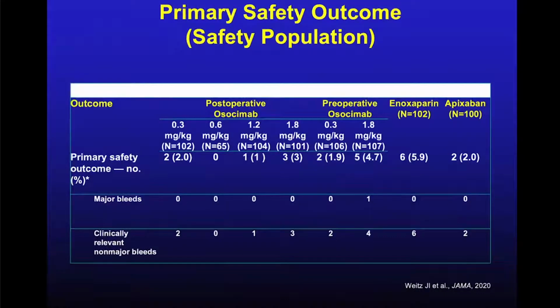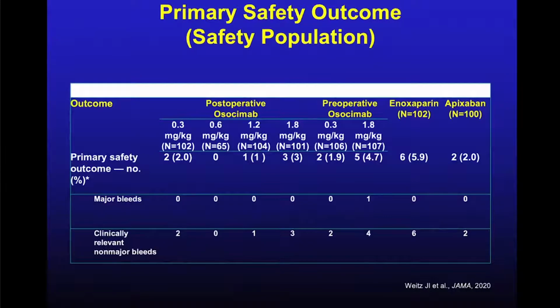In terms of safety, there was a little mixed signal here. If you look at that highest dose that I just showed you, the 1.8 post-operative, there was a suggestion of a higher bleeding rate. Mind you, very low numbers, but the 4.7% was, of course, some kind of a little concern.